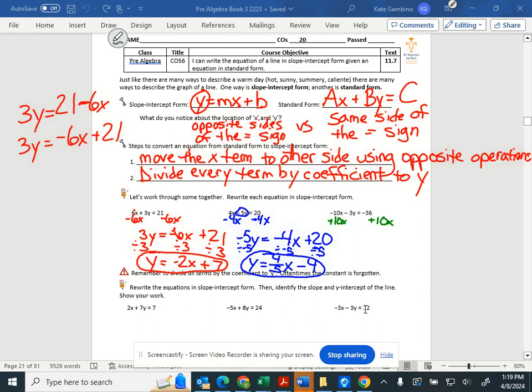So that leaves me with negative 3y equals positive 10x minus 36. Now what's my second step, Lauren? Divide everything by negative 3.